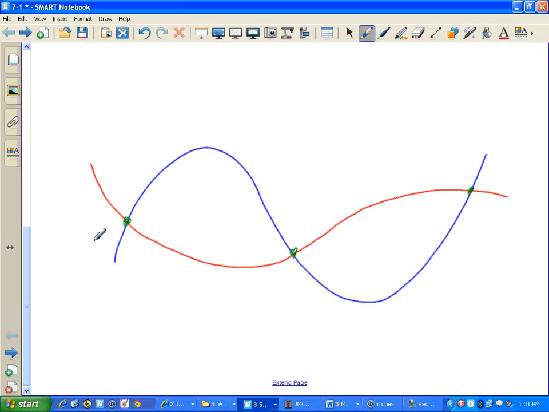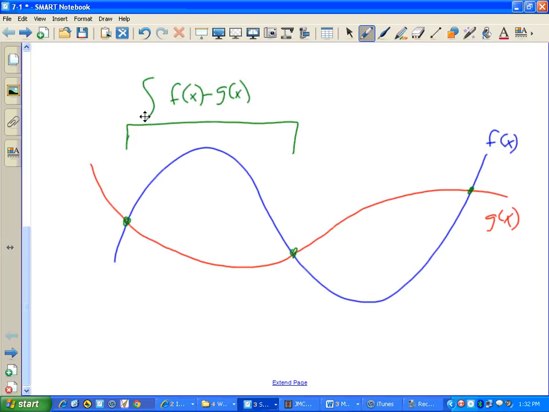Now this one's changing because in this region, my f of x is on the top. So for this region, I'm going to have the integral of the top function minus the bottom function from, if this is a, this is b, and this is c, from a to b.